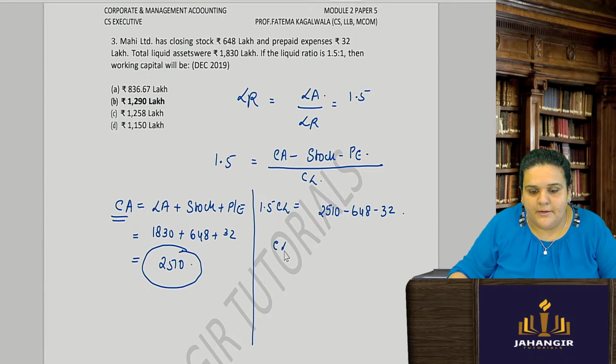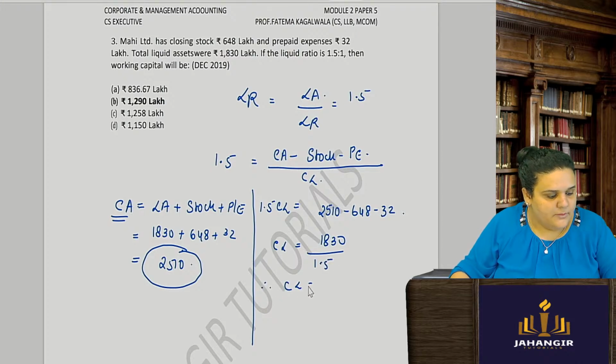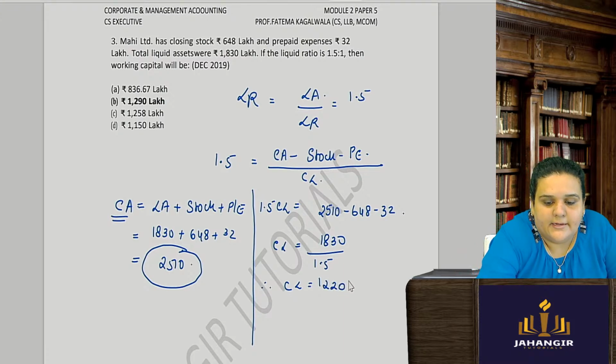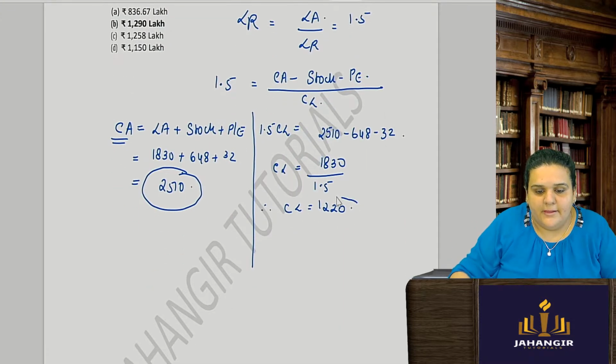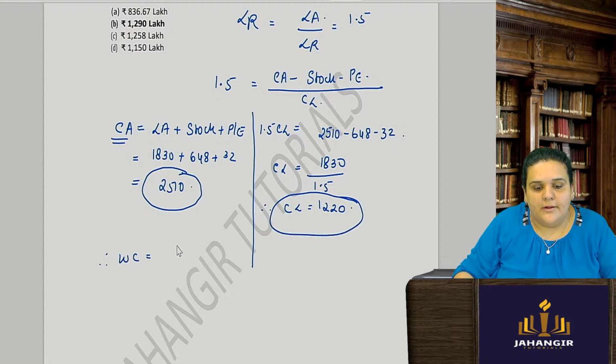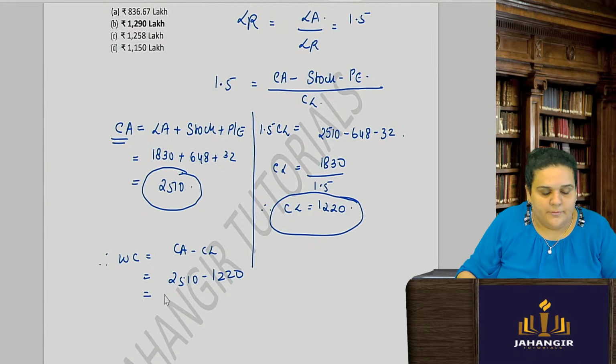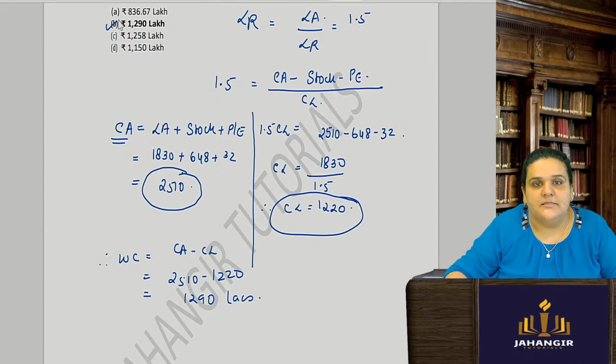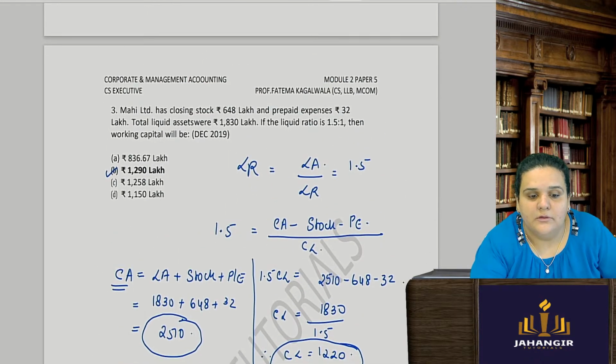So current liabilities will be equal to 1830 divided by 1.5. Therefore, current liabilities will be 1220. I have my current assets, I also have my current liabilities. Therefore, working capital will be equal to current assets minus current liabilities, which is 2510 minus 1220, which will be equal to 1290 lakhs. Answer is B, 1290 lakhs.